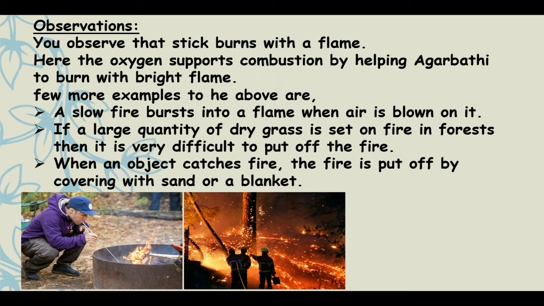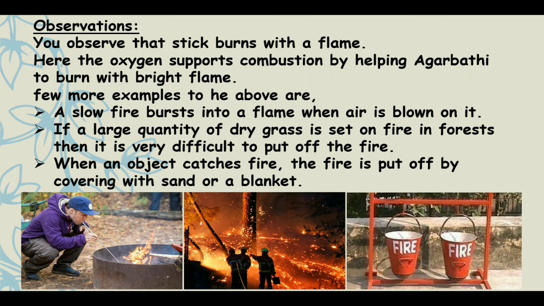And when an object catches fire, the fire is put off by covering it with sand or a blanket so that we can cut off the supply of air, and so cut off the supply of oxygen too.